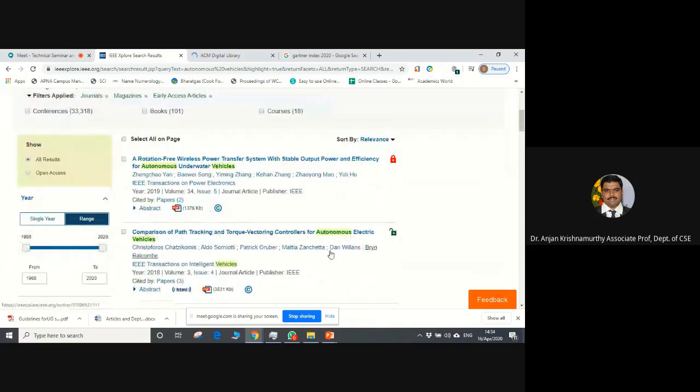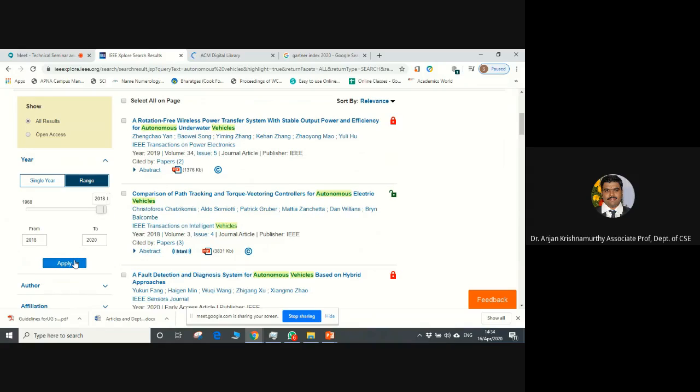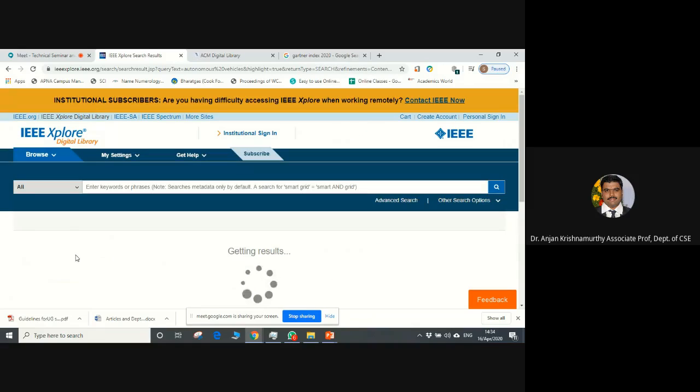After you press apply, there is a selection of years in the left side panel of your IEEE digital library. Now what you are supposed to do here is contract the window and make it, let's say, 2018 to 2020. Then say apply again.